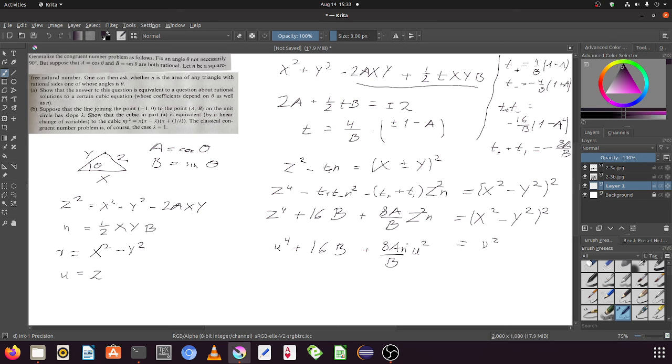Now the next step was to multiply it by u squared. Oh, whoa.